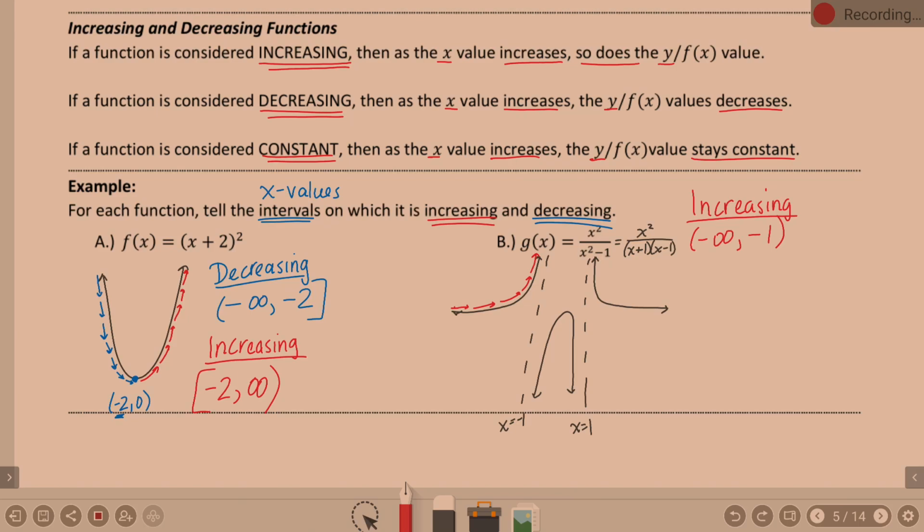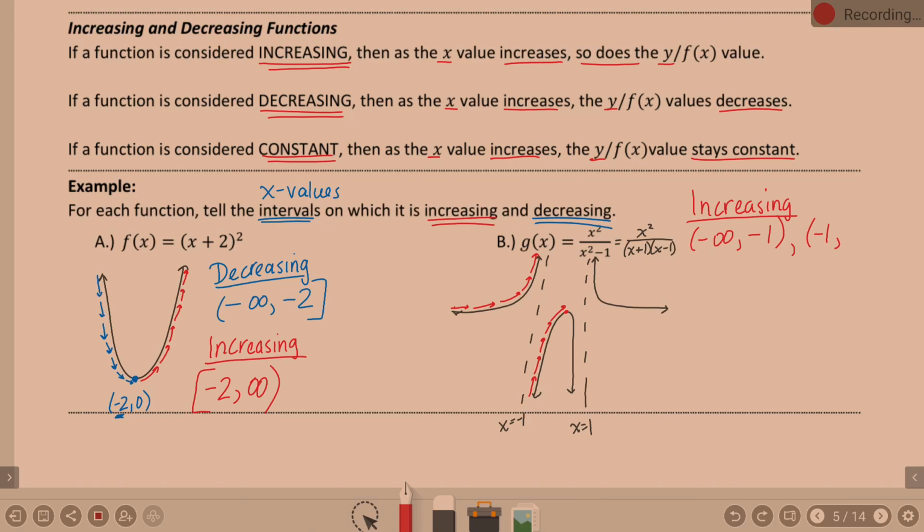Now, as we continue from the left to the right, where does my graph go next? Where am I going to pick it up? I'm going to pick it up on the left side of the parabola, yes? As I start drawing this left side of the parabola, what am I doing? Increasing. Are you guys with me? Now, where do we start increasing? The vertical asymptote of negative 1, which, an asymptote again, is going to be a parenthesis.